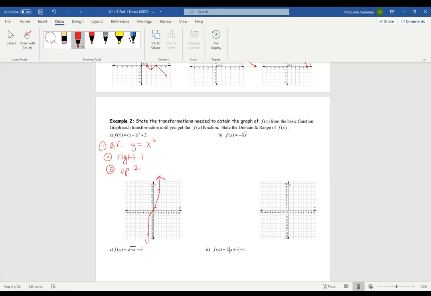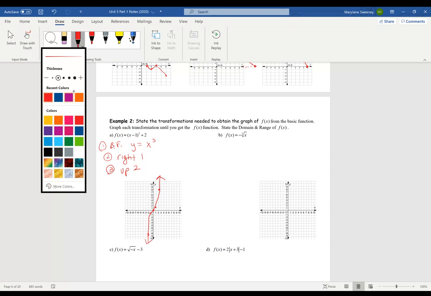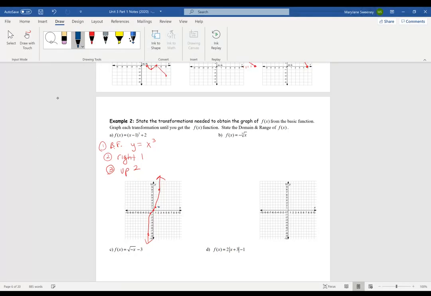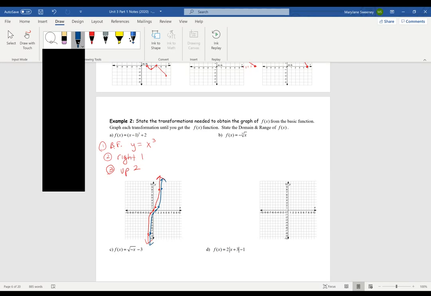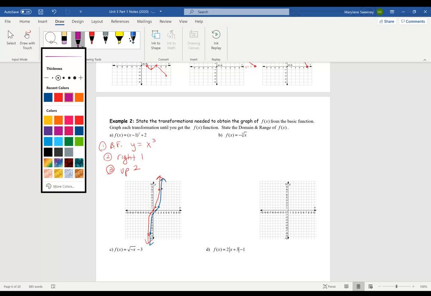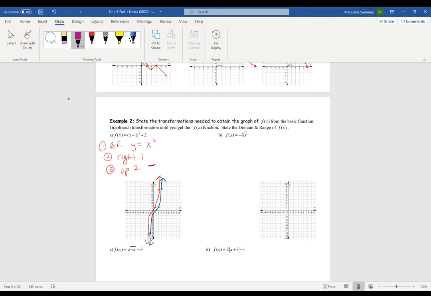There's your basic function. Then what I recommend is people take a different color and shift every point right 1. So every point on this graph is going to go right 1. Okay, then off of that graph, we're going to go, and sometimes I show what color I'm using.